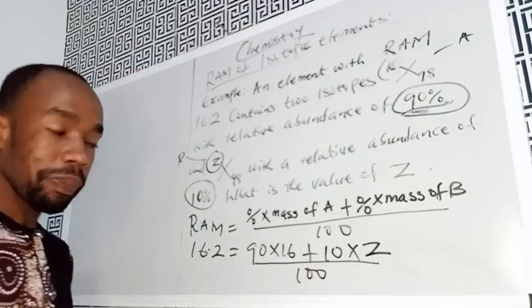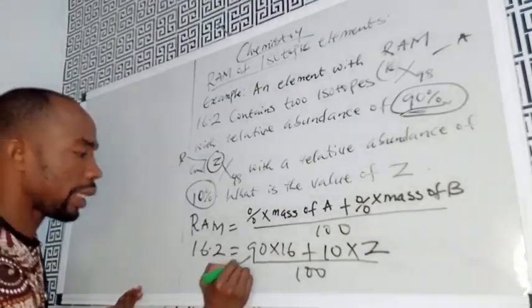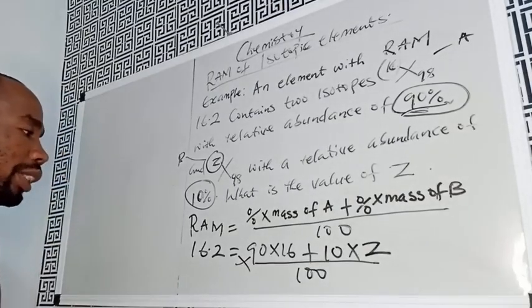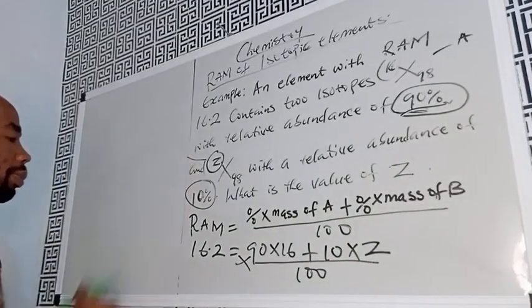So what we do in this sense now is cross multiply.